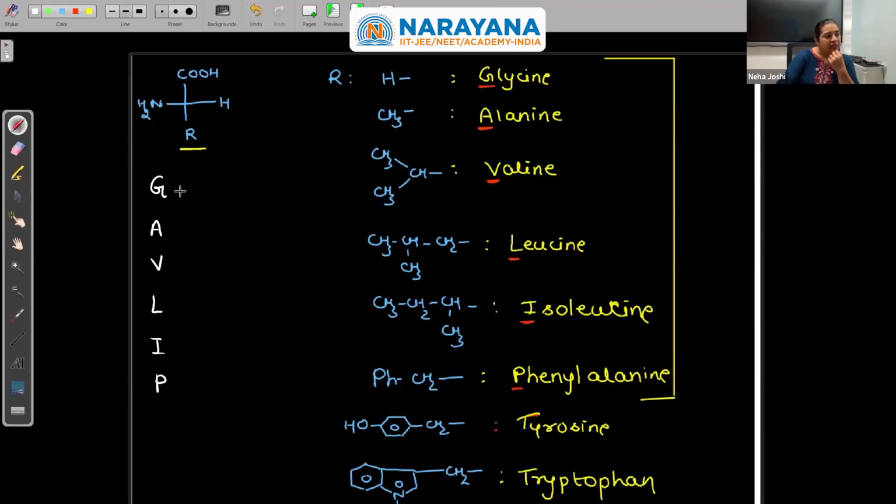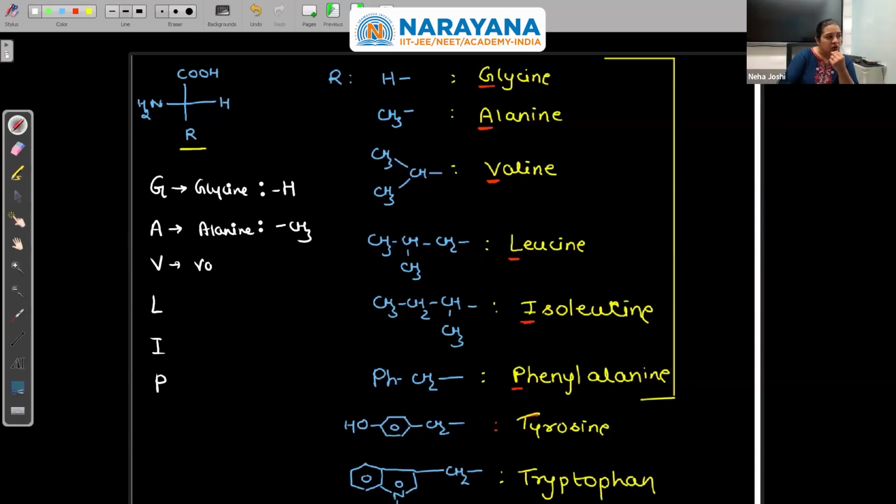And then I started: G stands for glycine. Then you have to remember what the R is. I took this as a fixed structure and started memorizing R. So for G, it is H. Alanine, that is what I will suggest. Practice it like this. So it is CH3.